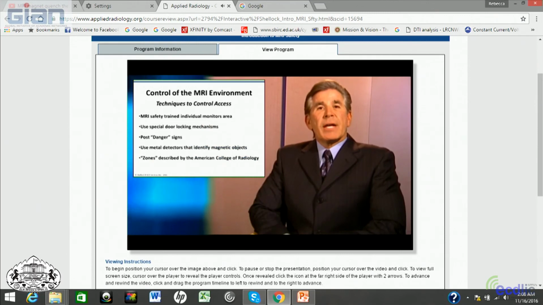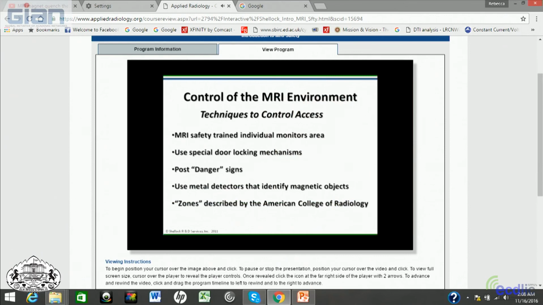In order to prevent incidents and accidents associated with the MRI environment, MRI facilities implement a variety of techniques to control access to this area. Of course, one of the most important ways to control access to the MRI environment is to have an MRI safety-trained individual monitoring the area and preventing entry by unauthorized individuals. This MRI safety-trained staff member is particularly concerned with keeping unwanted objects far away from the MRI system.